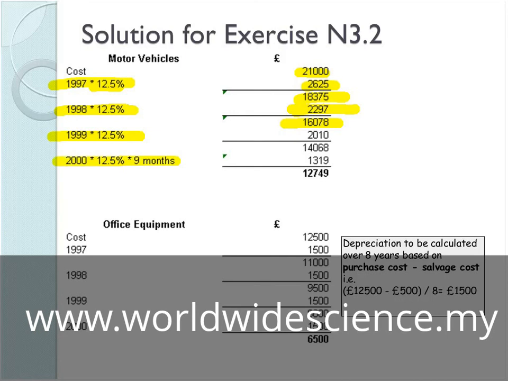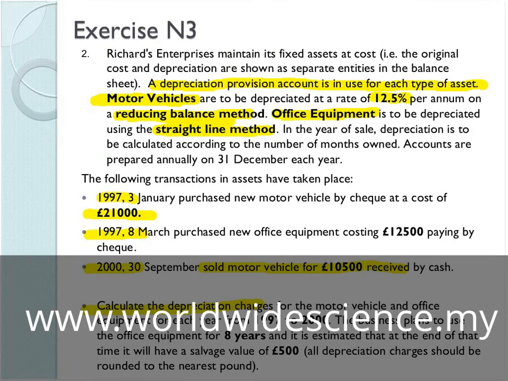We calculated depreciation for 9 months only, not for the full year. Why? Let's go back to the question. Here in the assignment it is given that in September we sold that motor vehicle for 10,500, which is received by cash.